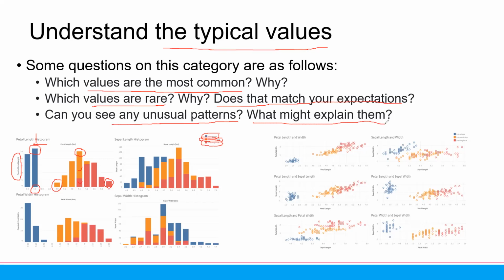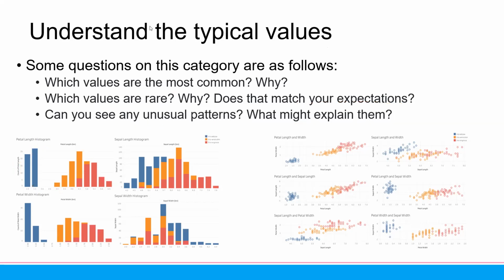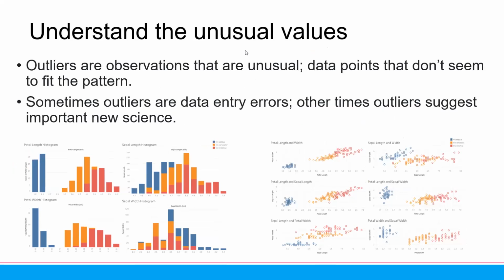You can use the visualization to answer these questions. The first thing is understanding the typical values, and the other is how to find the unusual values. The unusual value, for example, oh, this is very unusual.